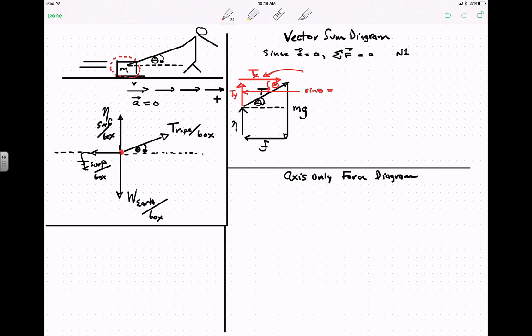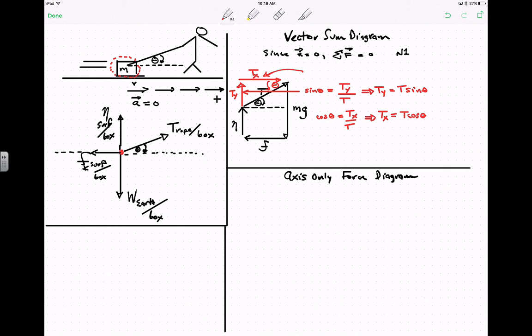So sine theta is going to be Ty over T. That means that Ty is T sine theta. I can do the same with cosine. Cosine theta is Tx over T, which if I solve for Tx, I get Tx equals T cosine theta.